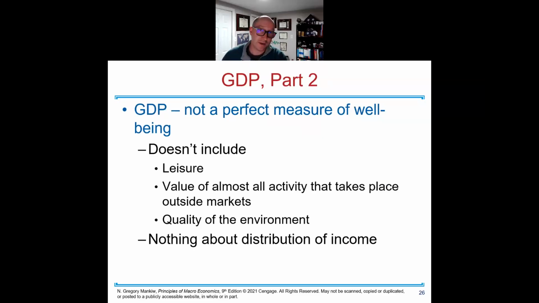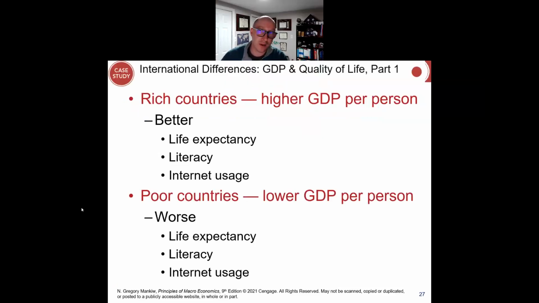And it's safe to say that in countries with a higher gross domestic product per person, people have higher life expectancy, higher literacy rates, and higher internet usage. In countries with lower gross domestic product rates, the opposite is true.